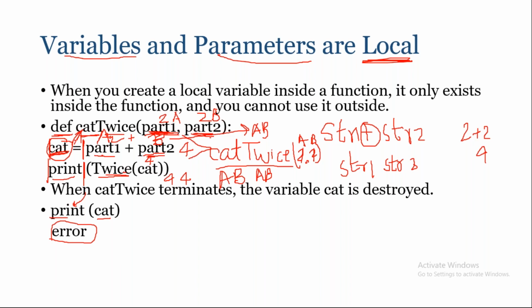So that is what I mean by locality of variable and parameter. Anything which is the property of the function, if you call it outside the function, you'll get an error.